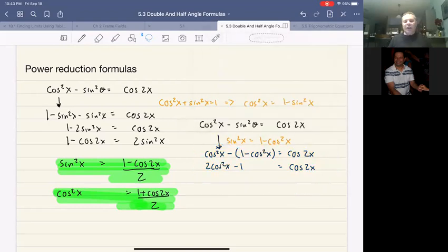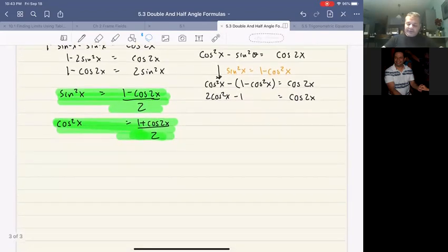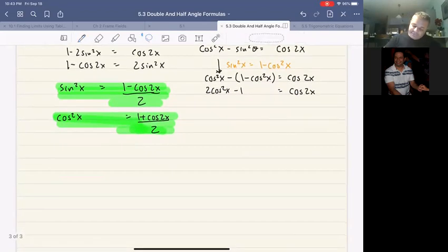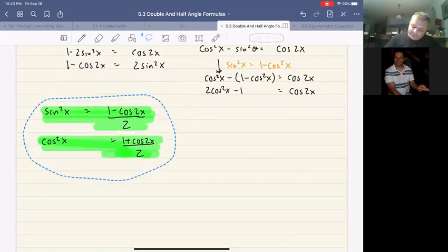Now from here we're going to get the half angle identities. Let's take these and take the square root of them.